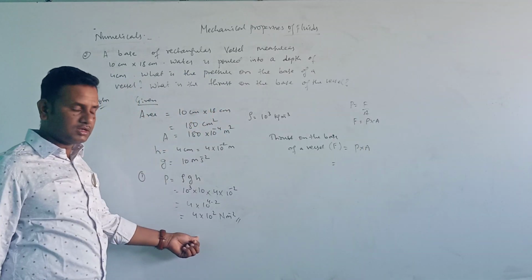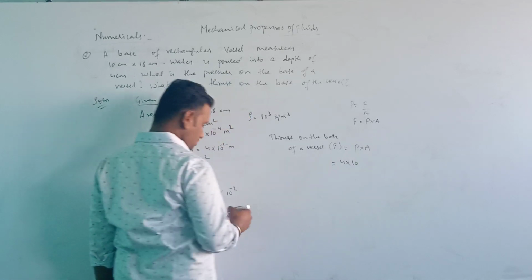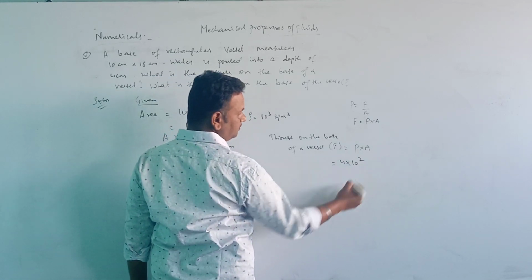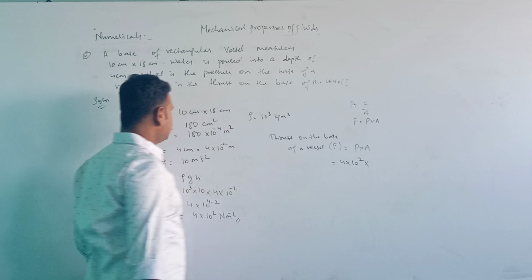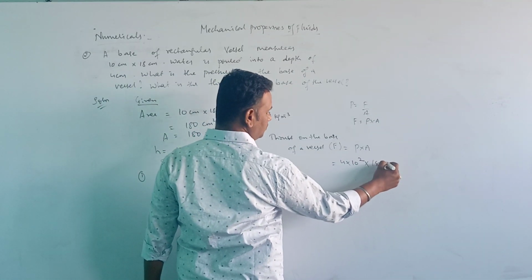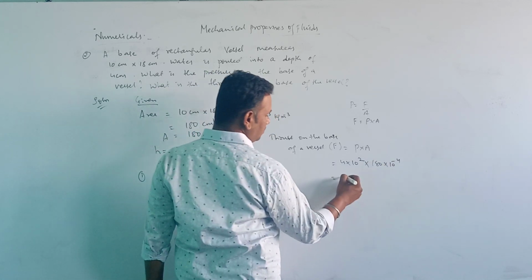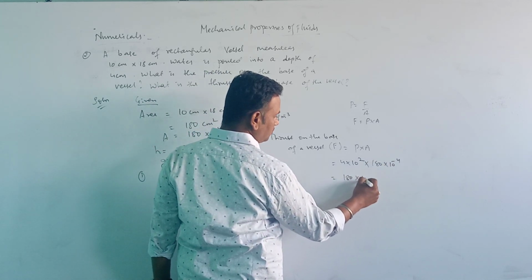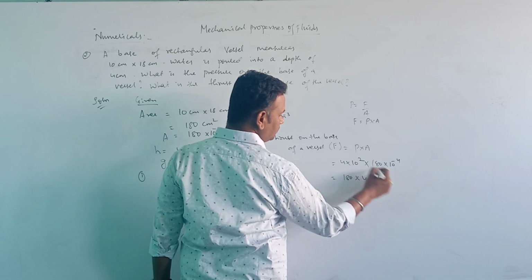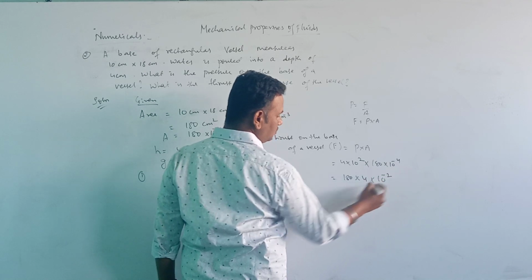Now pressure is how much? 4 into 10 to the power of 2, into area 180 into 10 to the power of minus 4. So 180 into 4, and for the powers, 2 minus 4 will be minus 2.